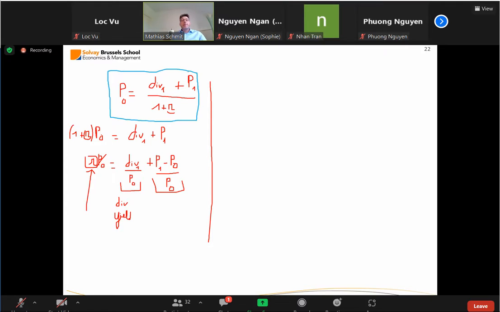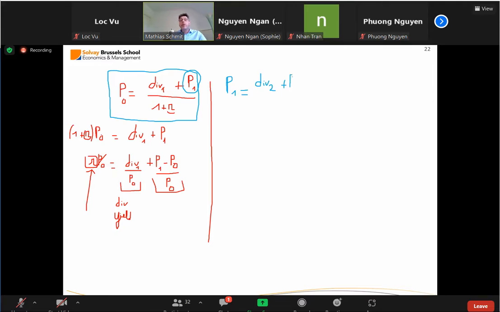But I can split P1 also in two other components. P1 can be my dividend in 2 plus my price in 2.